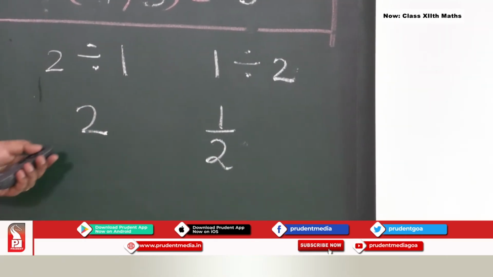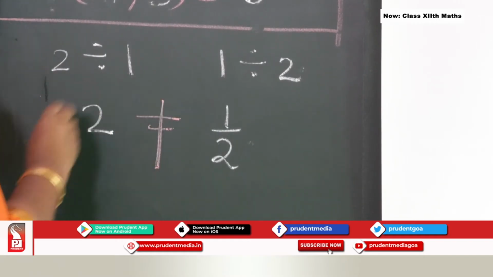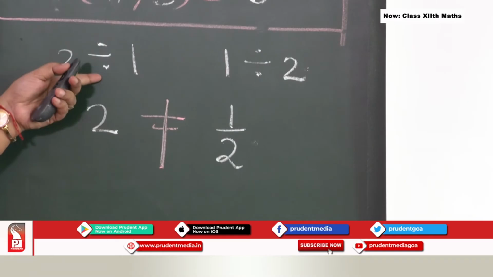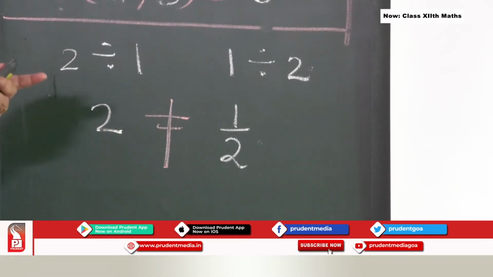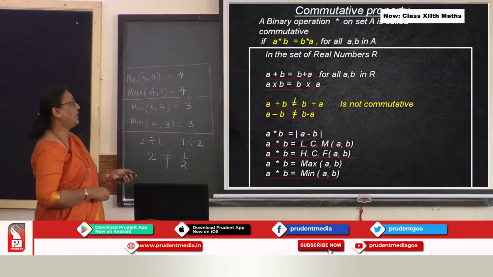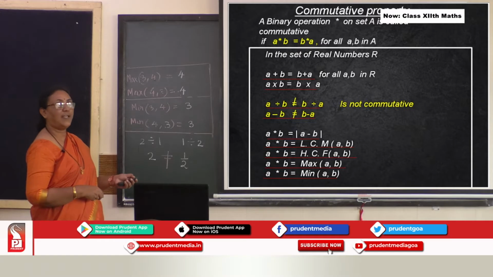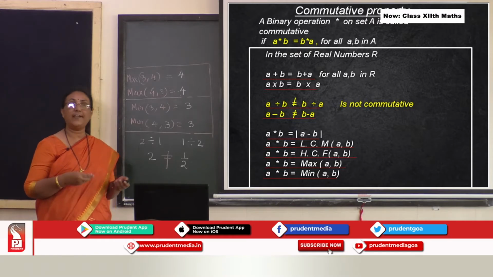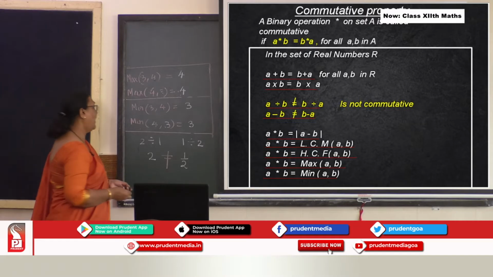If you are getting 2 chapatis and half a chapati, both are not equal. Is it clear to you all? So division is not commutative. Similarly here see, A minus B and B minus A, you search for an example where it is not. Sometimes A minus B and B minus A are equal.